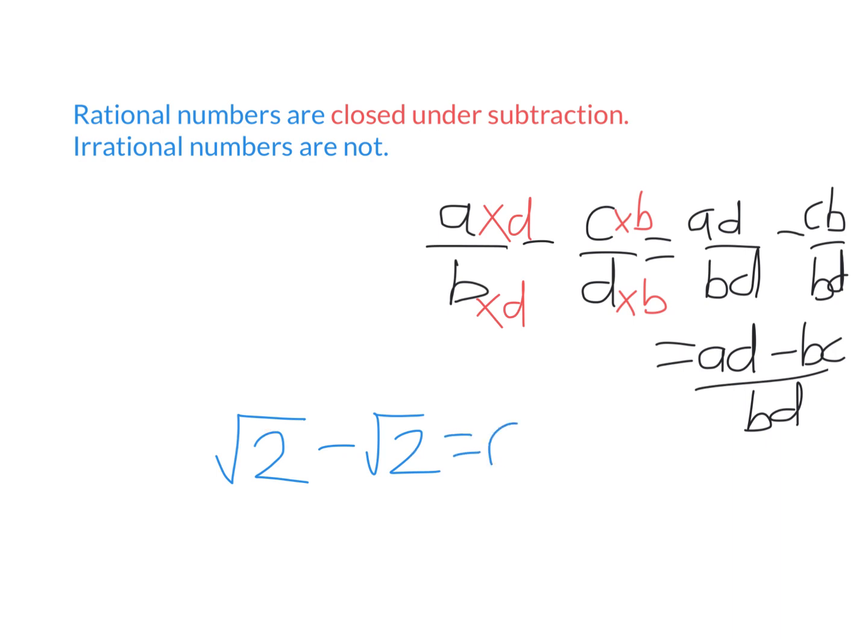We just get 0. 0 is rational, as are all integers. Of course, you could easily write 0 as a fraction, like 0 divided by 4. So what we've shown is if you subtract an irrational from another irrational, you don't always get an irrational answer. So this one example is enough to prove that irrational numbers are not closed under subtraction.